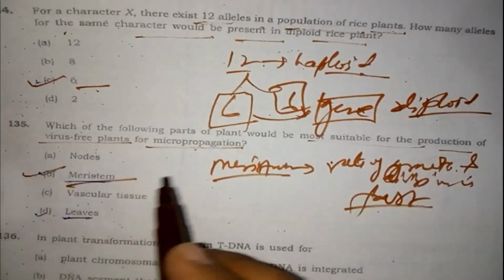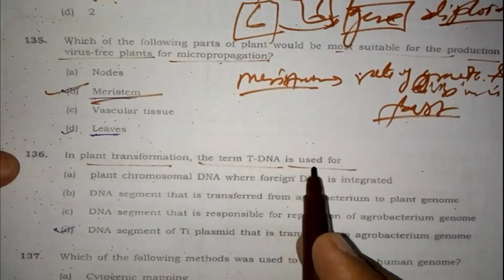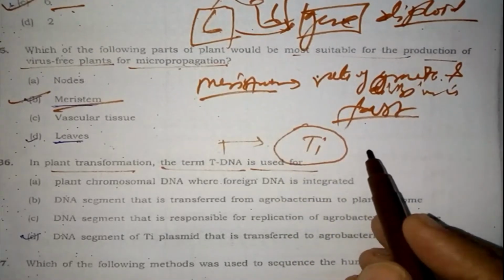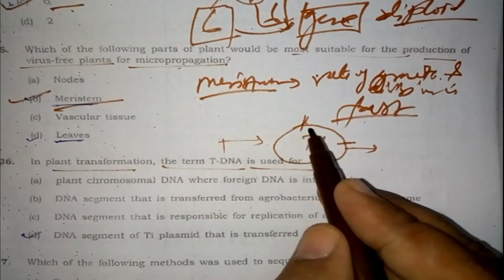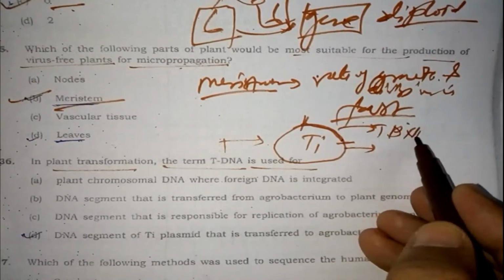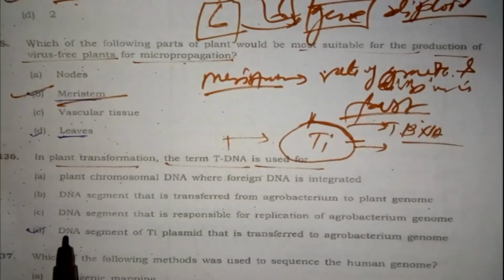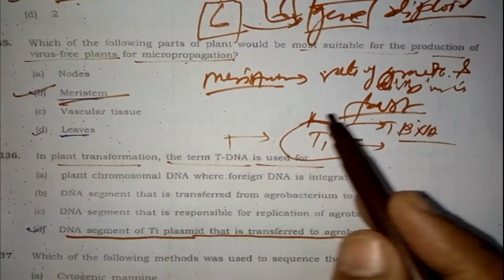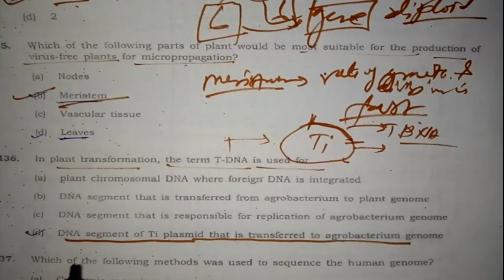The answer will be B. In plant transformation, the term tDNA is used for a specific portion of the Ti plasmid which is used for transformation using Agrobacterium tumefaciens, where a specific portion of DNA gets inserted; that is known as tDNA. So the whole vector is Ti. The portion which gets inserted into the plant genome is known as tDNA.